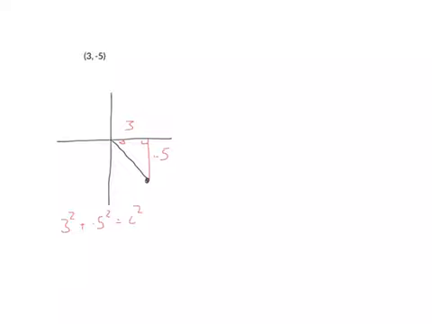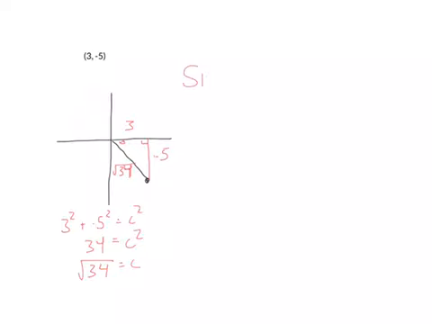That's going to be 9 plus 25 is 34. And so now we've got square root of 34 is equal to c. So our hypotenuse here is square root 34. So again, now it's just simply doing the trig ratios, only now we're going to have to rationalize some denominators.